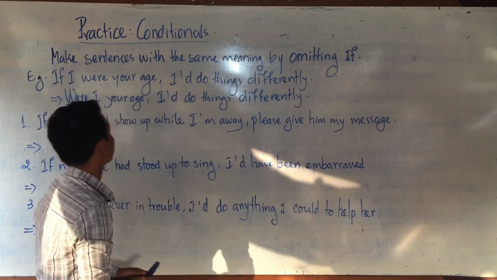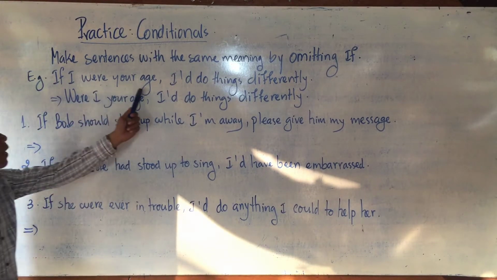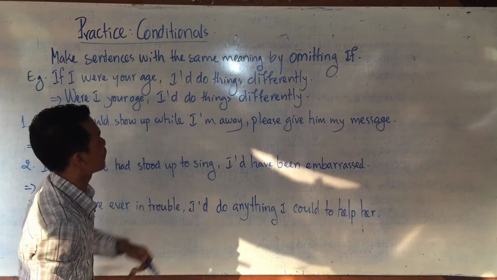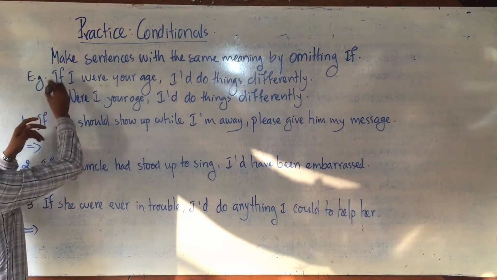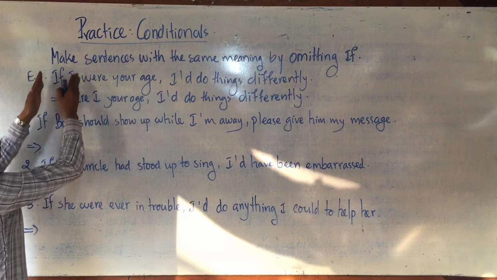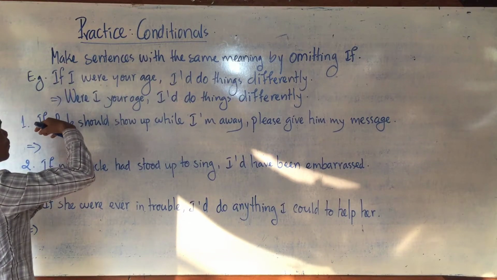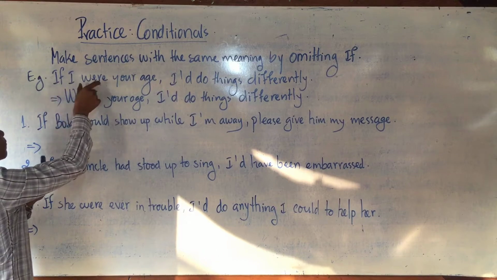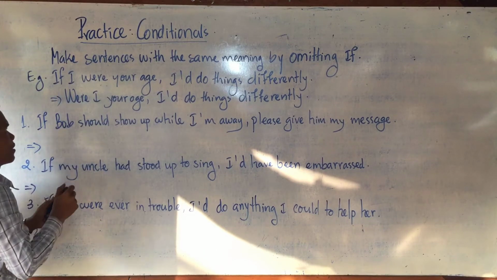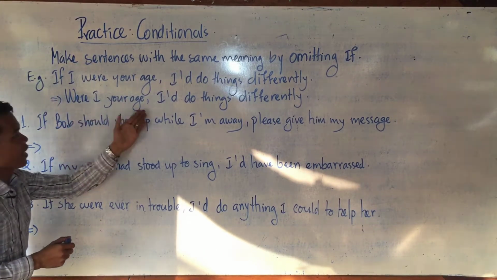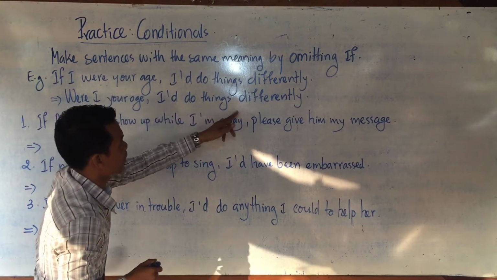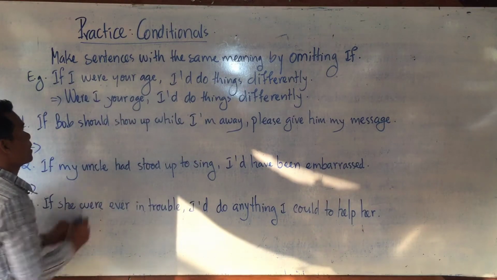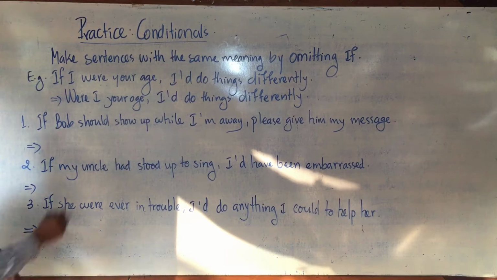Example: If I were your age, I would do things differently. Then in order to omit if, we have to use subject-verb inversion, meaning that subject and verb here are inverted. Were I your age, I would do things differently. So the same meaning.